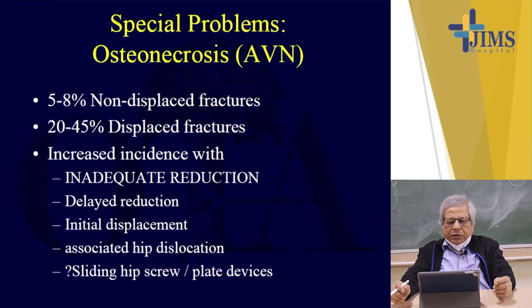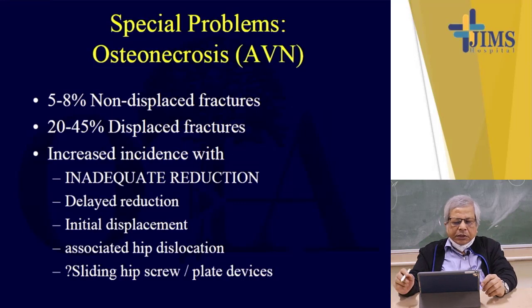Other problem is osteonecrosis or AVN, avascular necrosis. It occurs in 20 to 45% of displaced fractures. Even after fracture healing this can occur; even if the fracture has healed, there is still osteonecrosis.